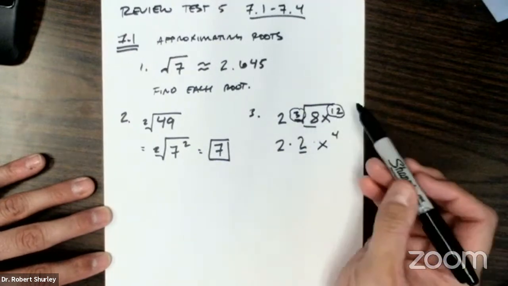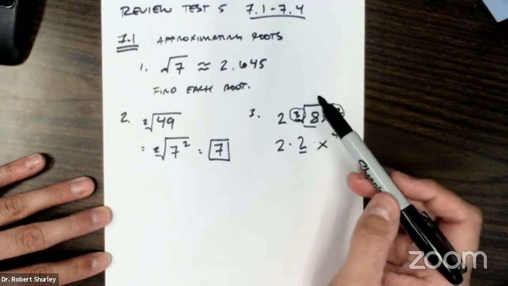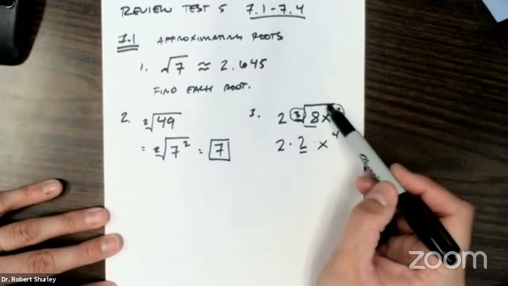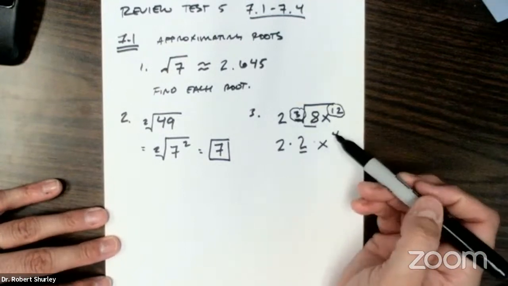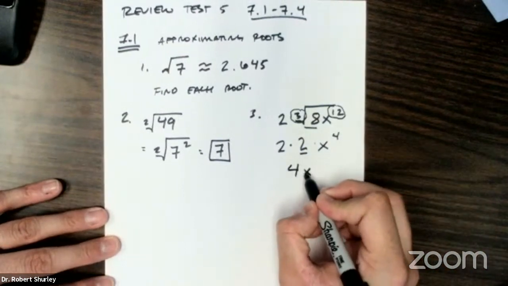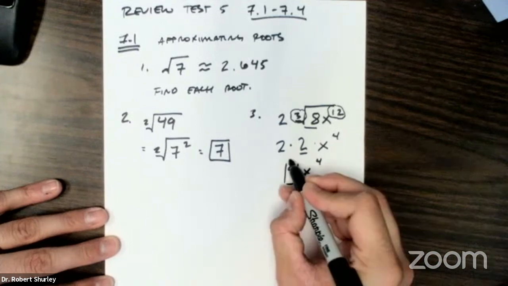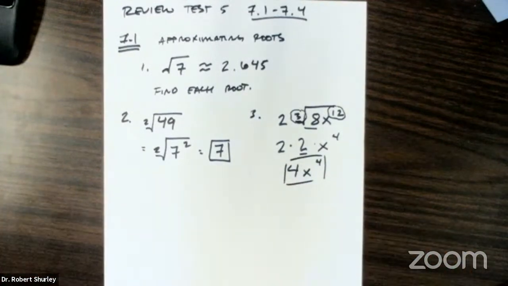There's nothing left over. There's no remainder when we do this. And the 8 had a perfect cube root, so there's no radical left over. So this becomes 4x to the 4th. Okay?